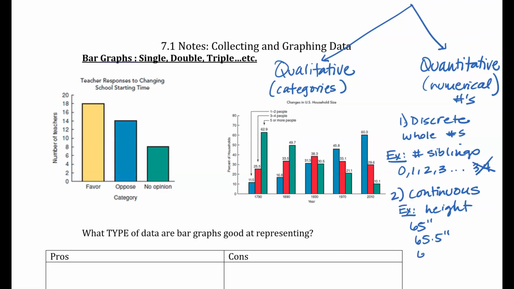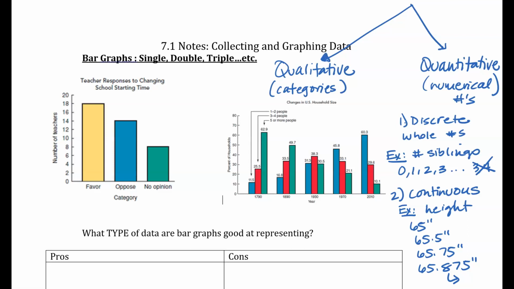Sure. Is 65.75 inches? Can that be measured? Yeah. Can you measure 65.875 inches? Yes. There are infinitely many decimals that we can use to measure somebody's height. Same with measuring temperature or measuring time. We can always get in smaller and smaller increments.